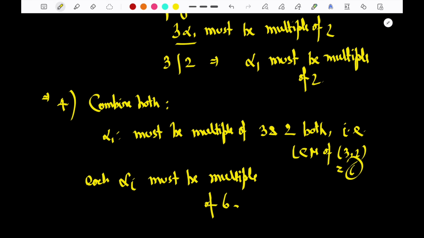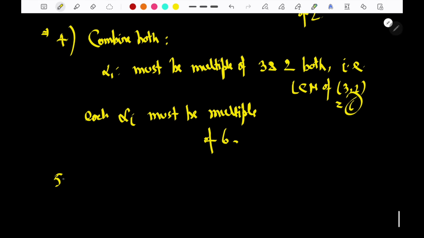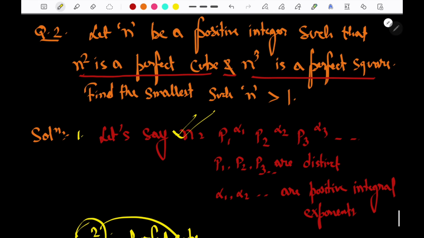If this is analyzed, what can be done now? We got what shall be the minimum value of the exponent, but n must be a positive integer greater than 1, so the smallest positive integer.